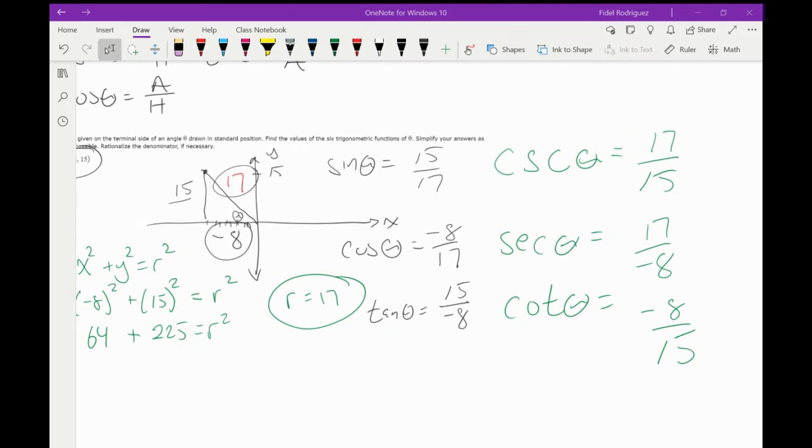And then this one here should have been something like 15 over -8. And this one here was 17 over 15. This one was negative 17 over 8. And then this one here should have been negative 8 over 15. Right? And then we'll go check. And boom, boom, boom. We got them all done, right?